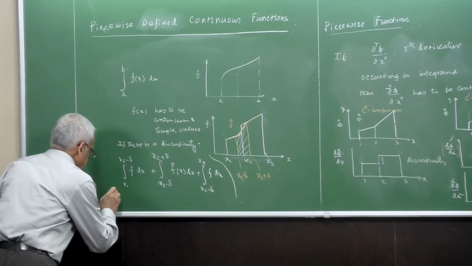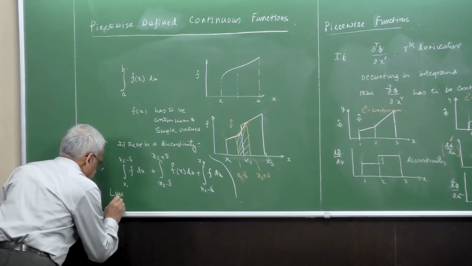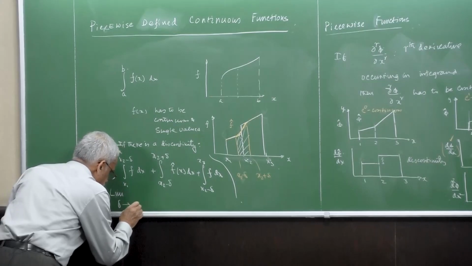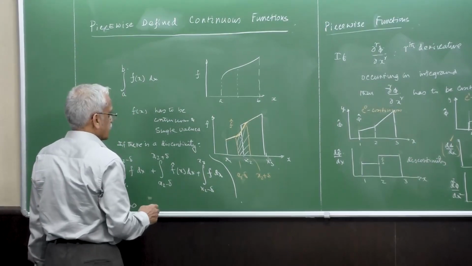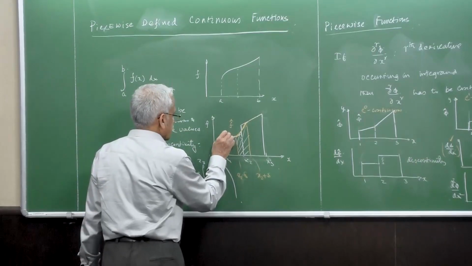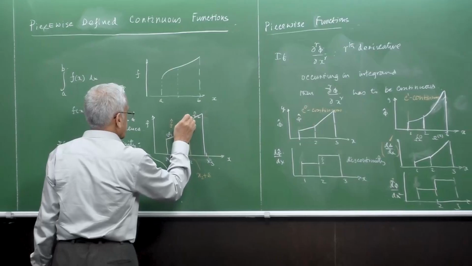In the limit as delta tends to 0, let's call the functions f1 and f2, and in between it is f delta.